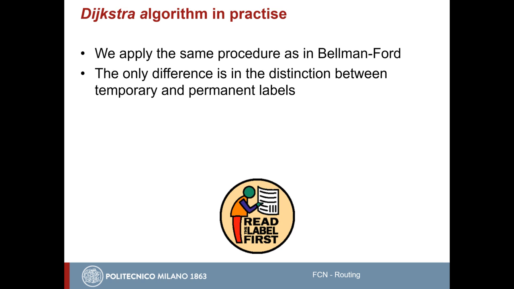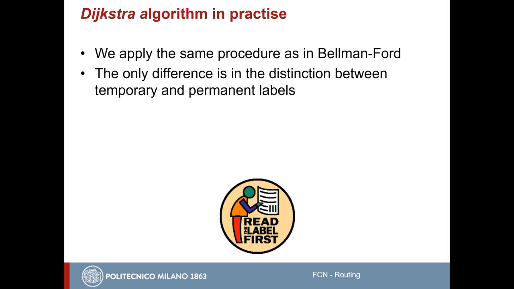So if we want to again solve this algorithm with a piece of paper and a pen, we can adopt the same procedure as in the Bellman-Ford, with the only difference that in this case we will have permanent labels and temporary labels.